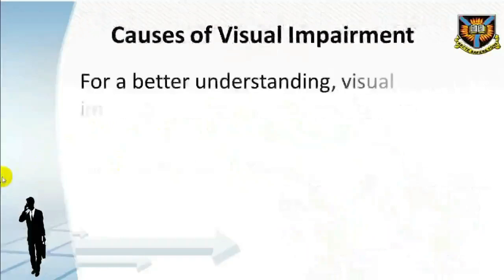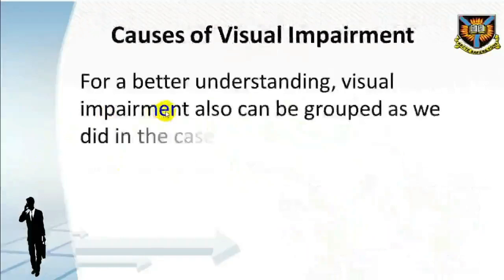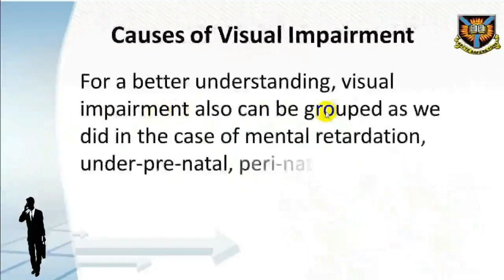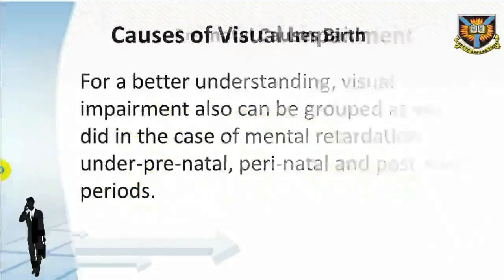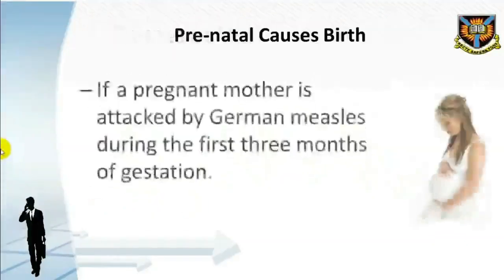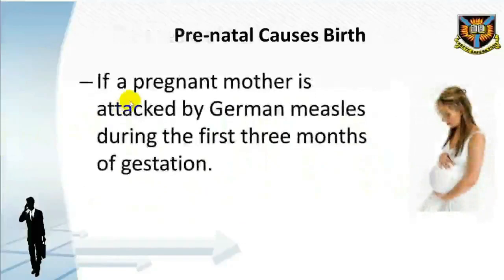Causes of visual impairment. For a better understanding, visual impairment can also be grouped, as we did in the case of mental retardation, under prenatal, perinatal, and postnatal periods. 1. Prenatal causes.